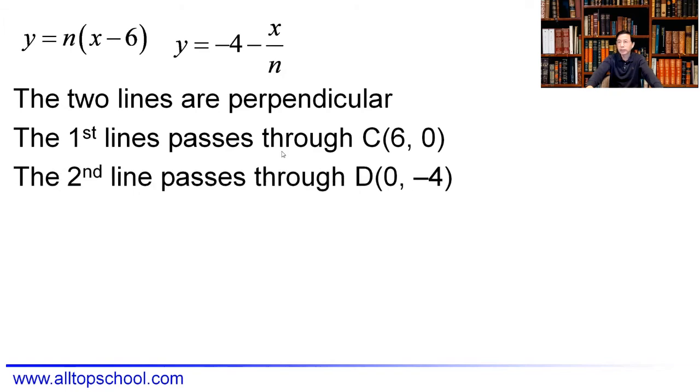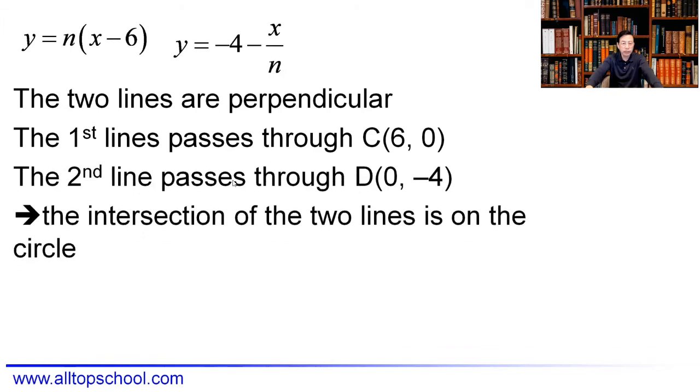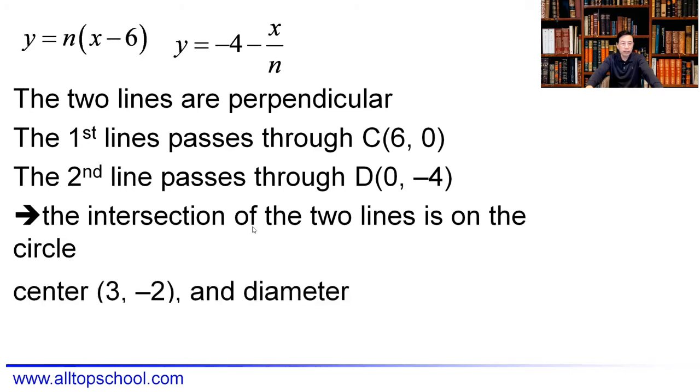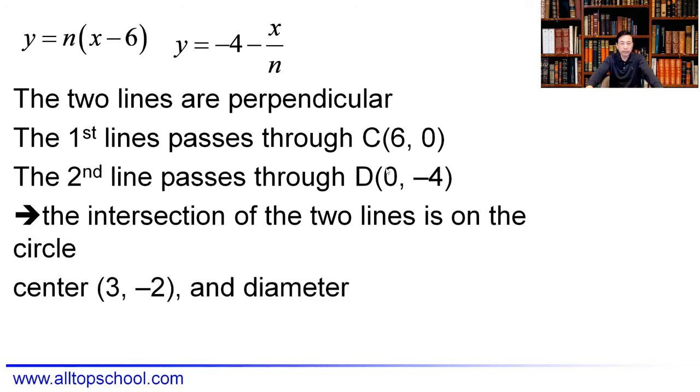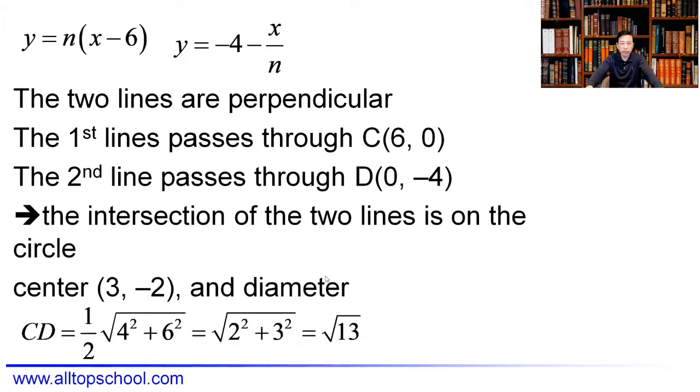Similar to the previous group, we can find that the intersection point of the lines is also on a smaller circle, with diameter CD. The center will be the midpoint of CD. The diameter will be the distance between C and D. You see, 6 squared plus 4 squared, take the square root.